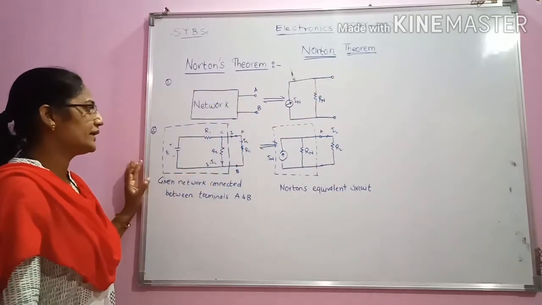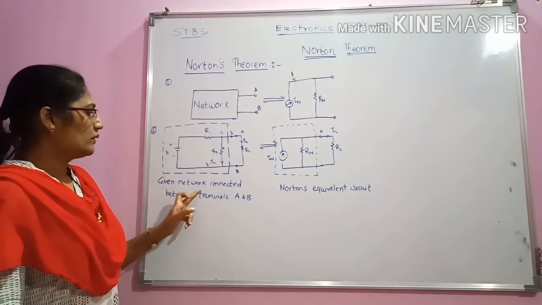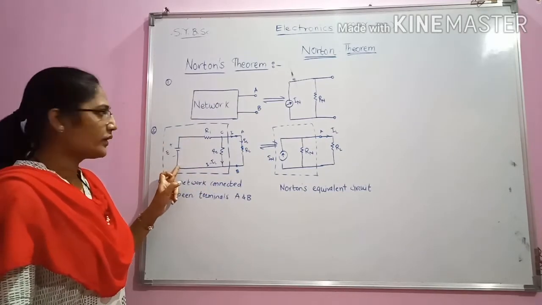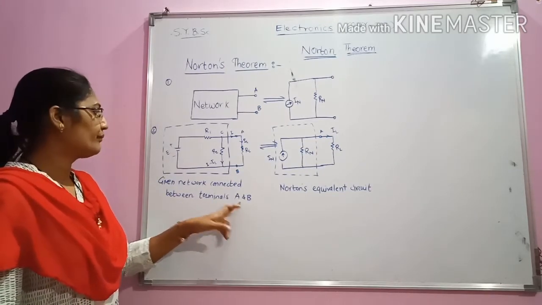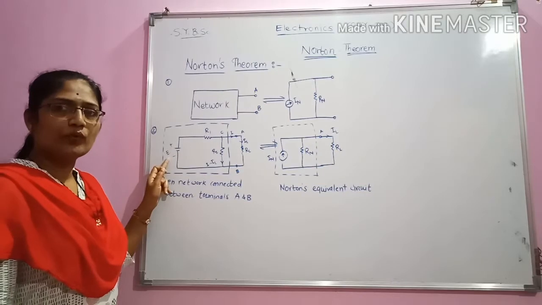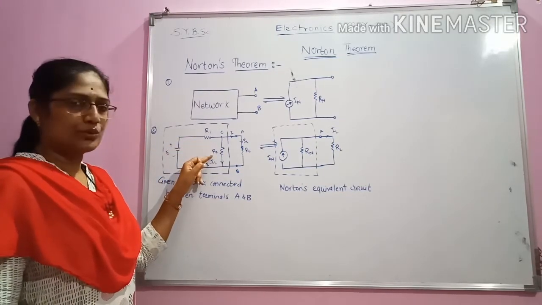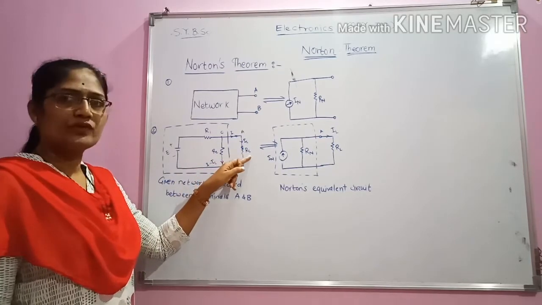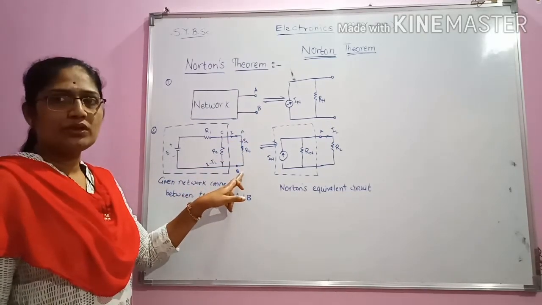Same is represented here. It means that we have considered a network which has two terminals A and B. It consists of a voltage source E, resistances R1 and R2, and there is one load across the A and B terminals of the circuit.